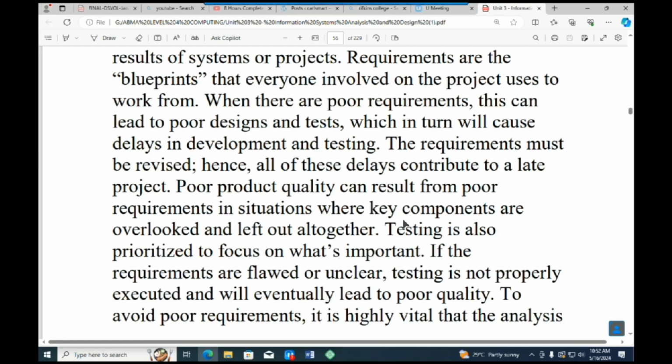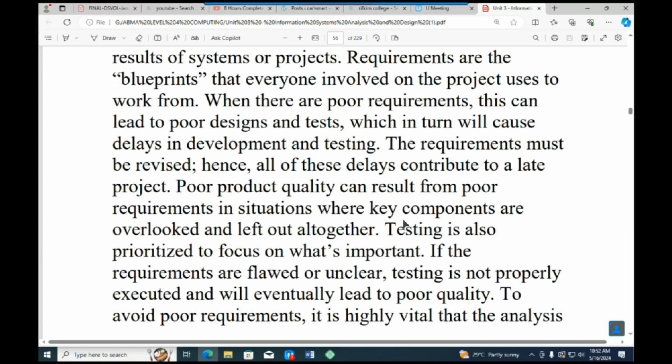So to simplify, what is the impact of poor requirements? One, there is going to be delay in the project, and the delay will come where we have to spend time revising the requirements.